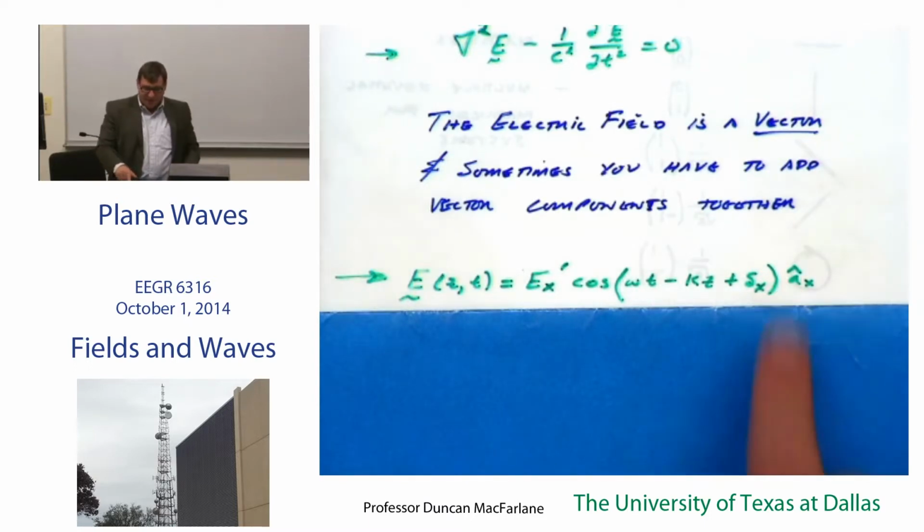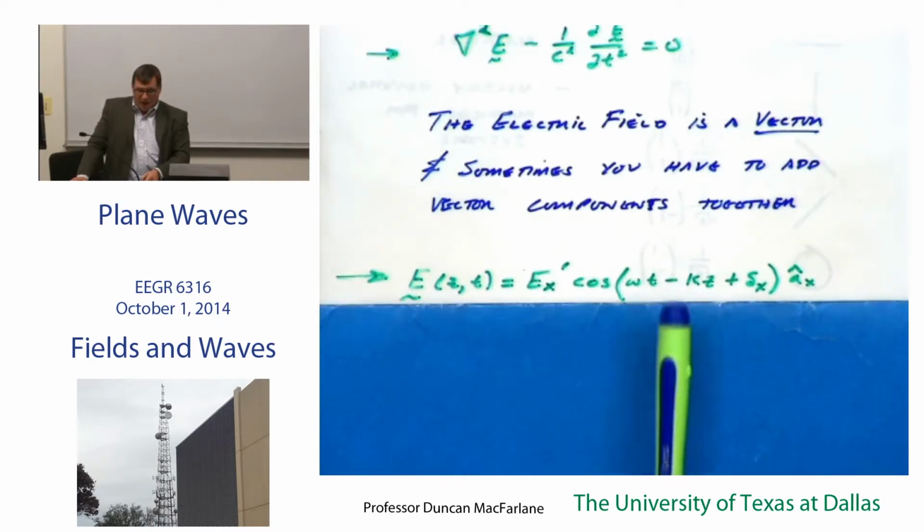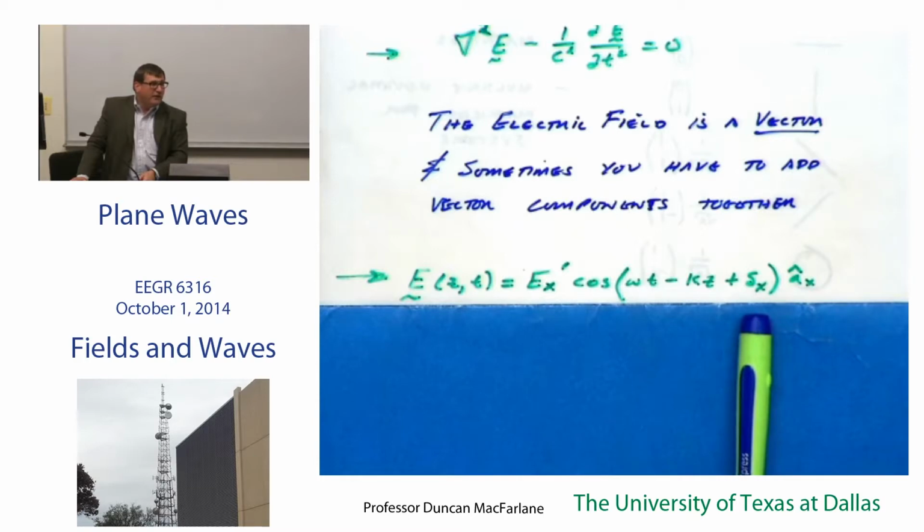A sub x. And instead of writing the e to the i omega t plus or minus kz, I'm being a little bit more specific. I'm moving in the z direction, and I'm also going to be definite about a phase.